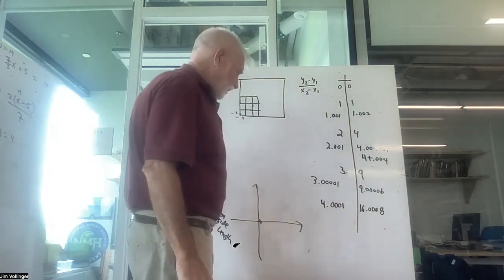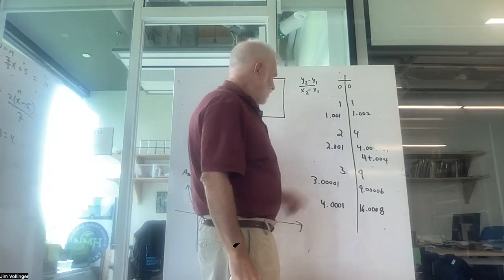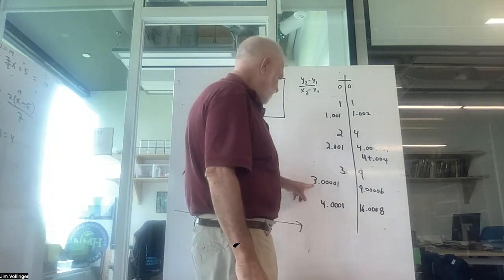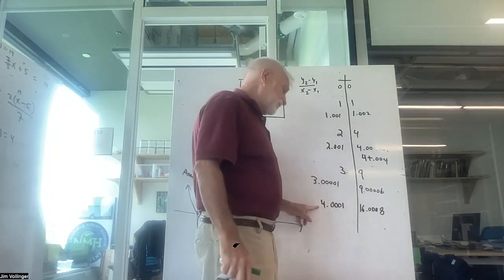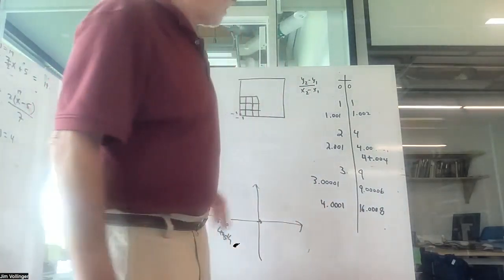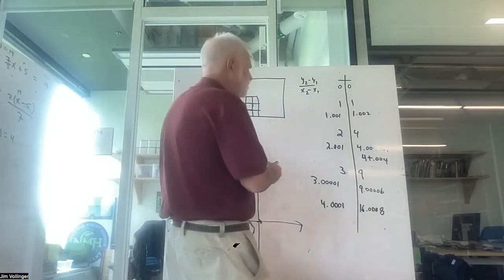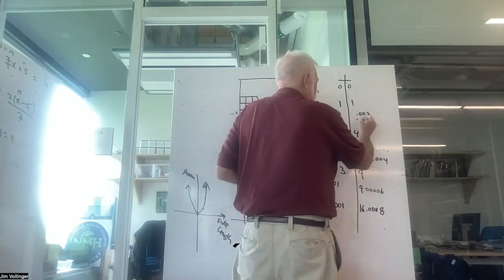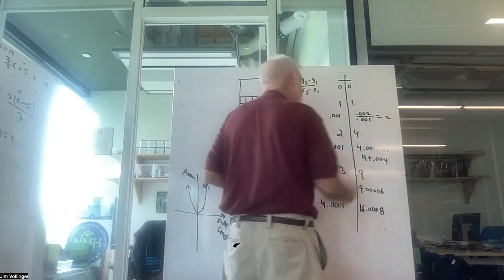Well, this number starts with a 1 and ends with a 2. This number starts with a 2 and ends with a 4. This number starts with a 3 and ends with a 6. I bet you can guess what this one ends with. Oh yeah. So if we were to perform y2 minus y1 over x2 minus x1, let's just take care of the ones here, because I can divide this by 0.001 and it looks like it goes in twice.